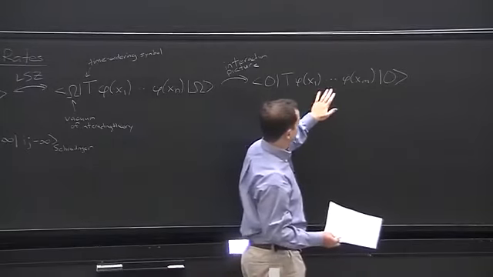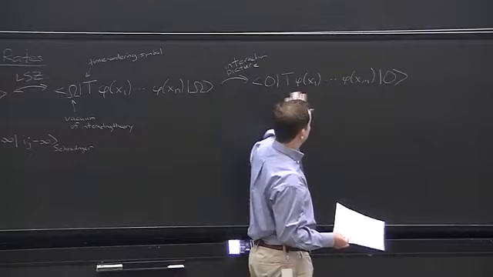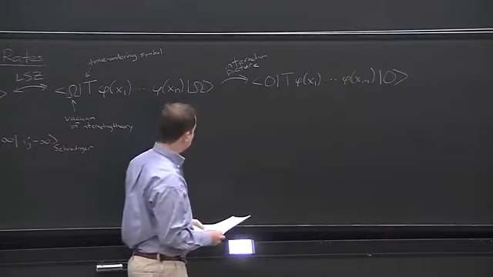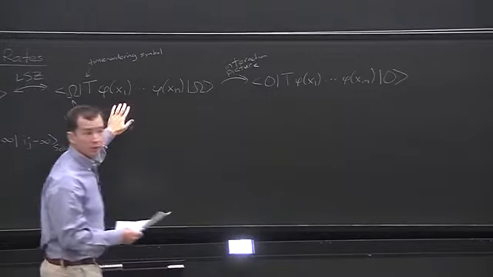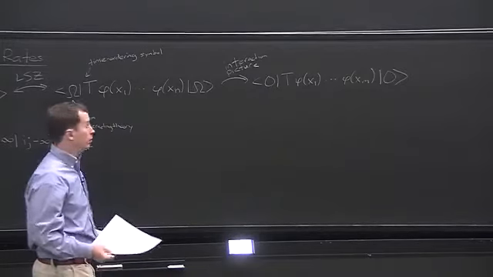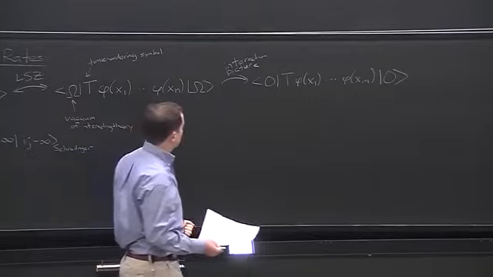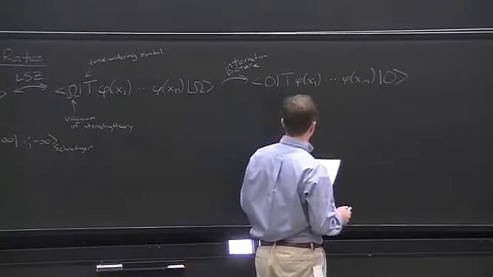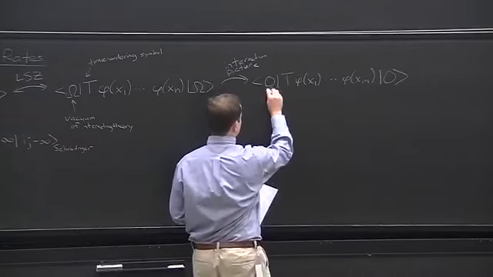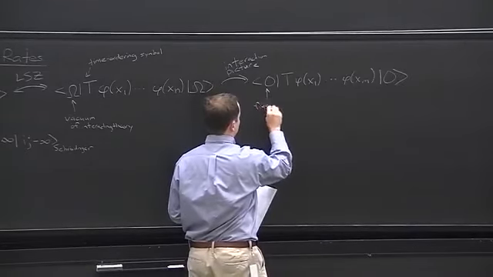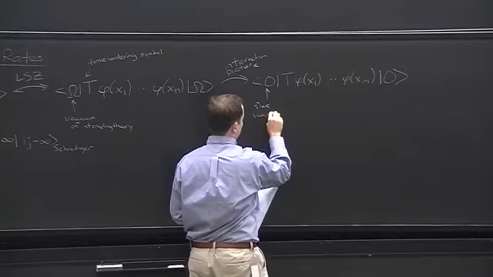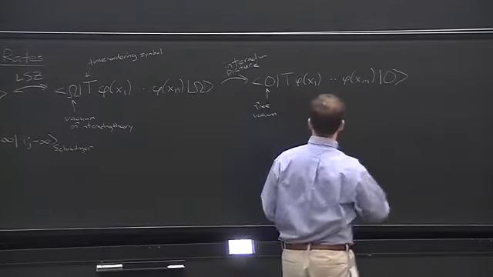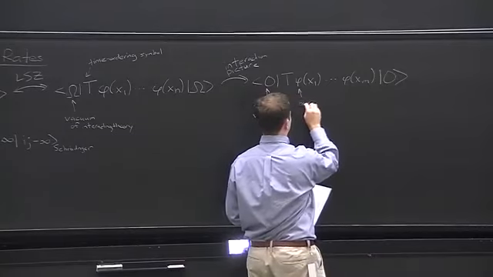So these expectation values in the interaction picture are something we can compute much more easily than in the Heisenberg picture, where we don't, in general, know how field operators depend on time. And so here, this is the free vacuum that we studied yesterday. And these behave like free fields.